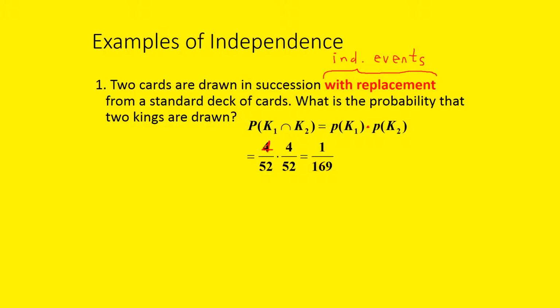And so it's 4/52 for both the first draw and the second draw. Multiplying these numbers, which is really multiplying 1/13 by itself, we get 1/169. That's the probability of king on the first draw and king on the second draw if you are replacing the first card.